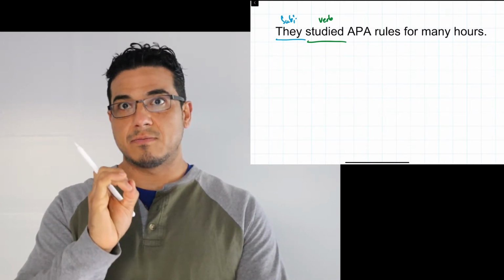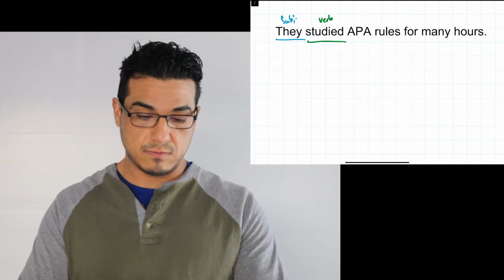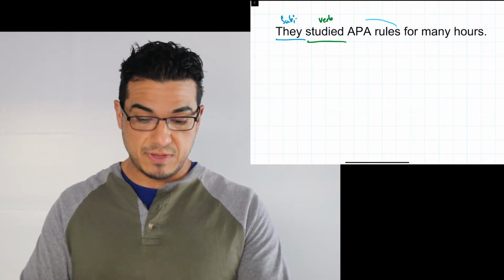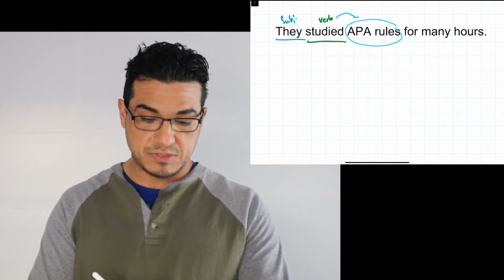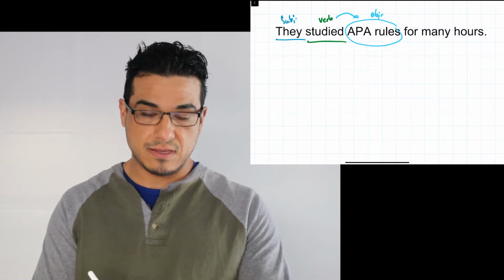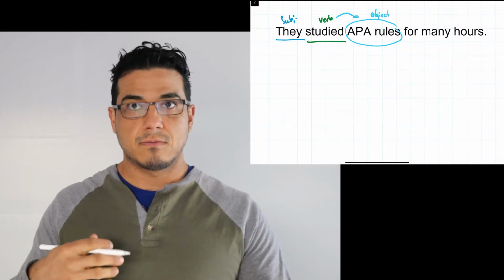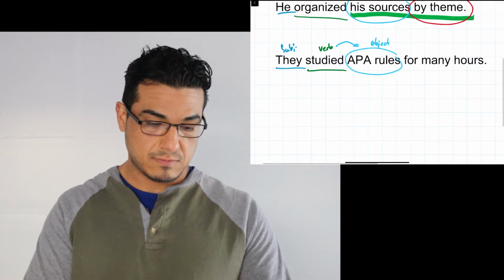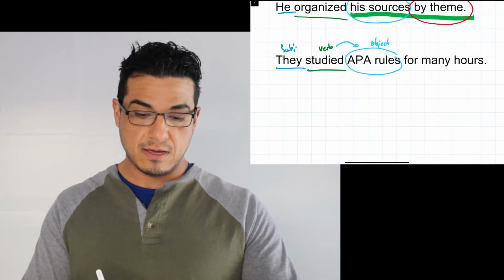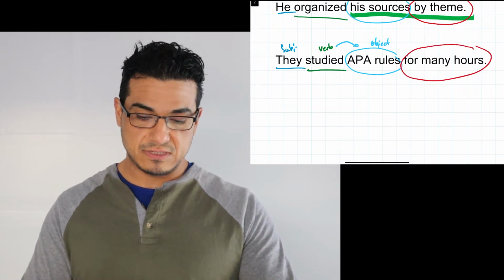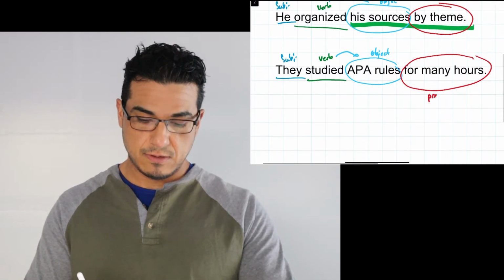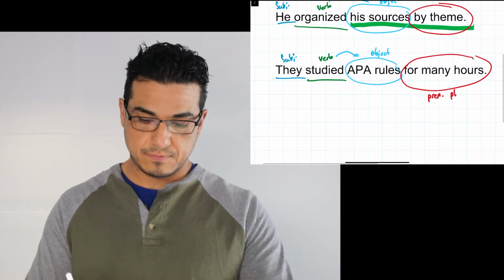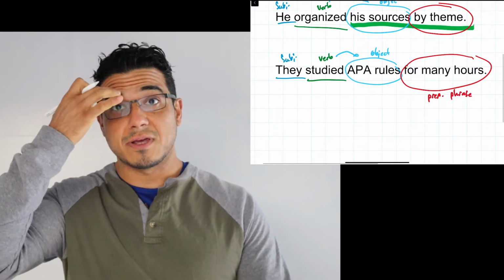The APA rules, so that would be your object, which again is being directly impacted by that verb. Well, how did they study the object? Well, they studied for many hours, and this is going to be your prepositional phrase. I apologize in advance for my handwriting.